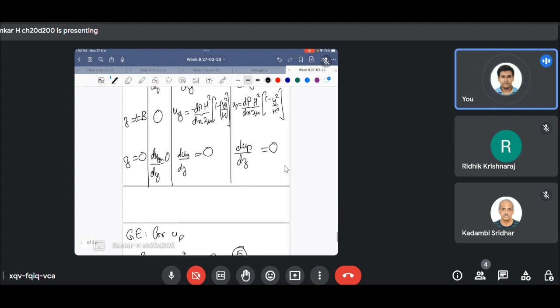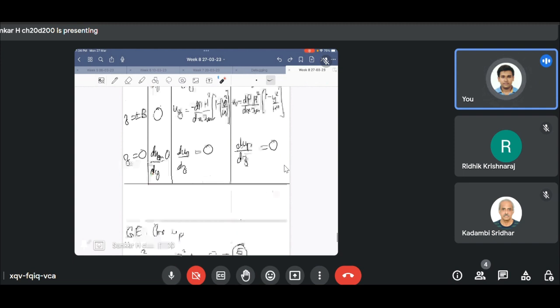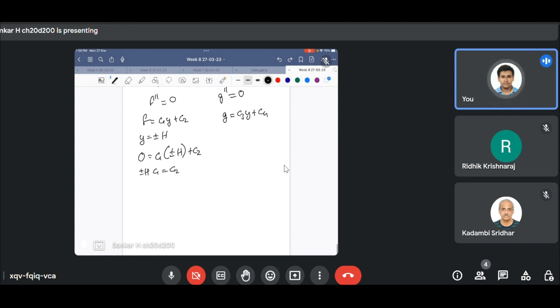Similarly, from this boundary condition, ∂u/∂y at y equal to 0 should be equal to 0, I'll get df by dy should be equal to c1, which should be equal to 0, since ∂u/∂y at y equal to 0 should be equal to 0.